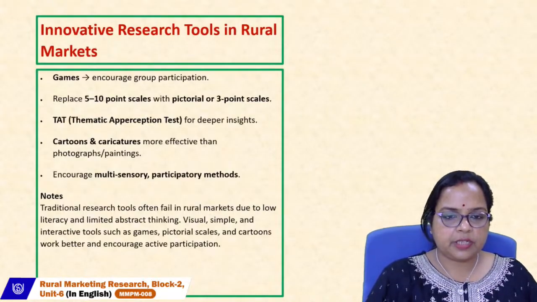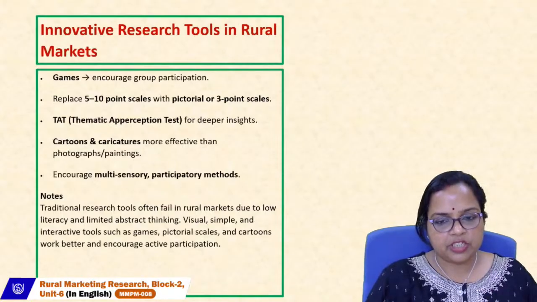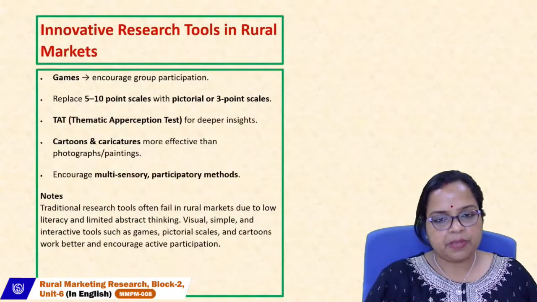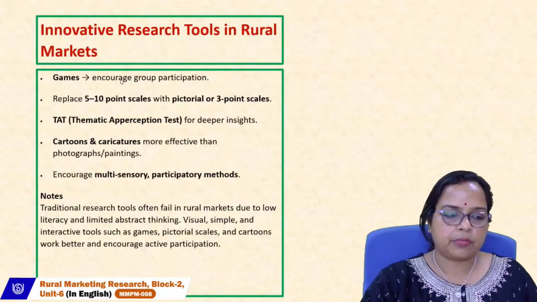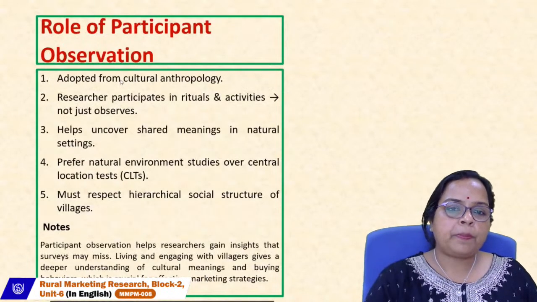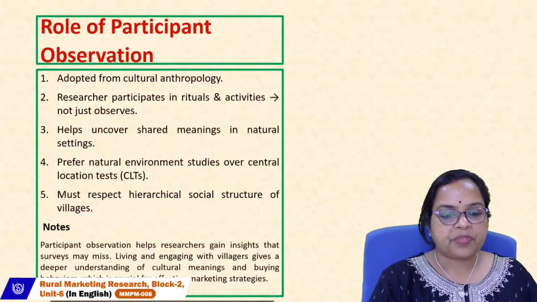Cartoons and caricatures are more effective than photographs and paintings. You can also take the help of this. Encourage multi-sensory and participatory methods, a touch and feel method, a use and get the feedback method. There are many new technologies and innovative research tools available for rural marketing research. Role of participants or respondents in this process.